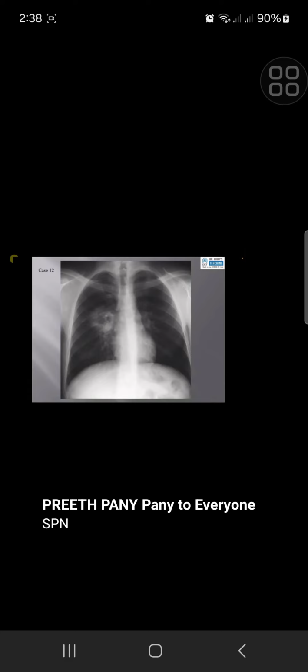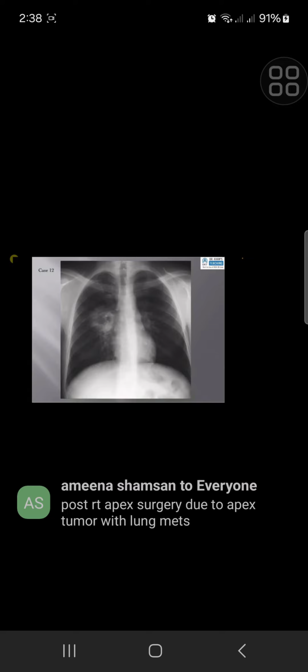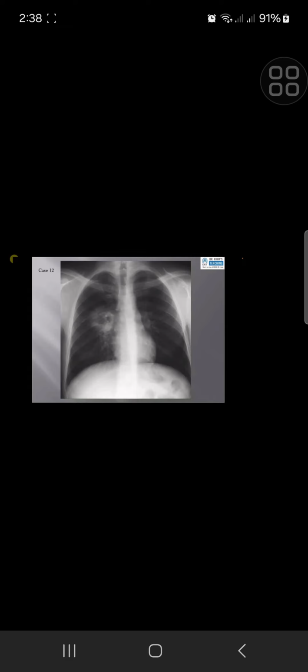And this could also be secondary to inflammatory causes such as granulomatosis with polyangiitis or rheumatoid lung. And my final differential will also be perhaps secondary to a congenital cyst such as a pneumatocele or sequestration which is cavitated.